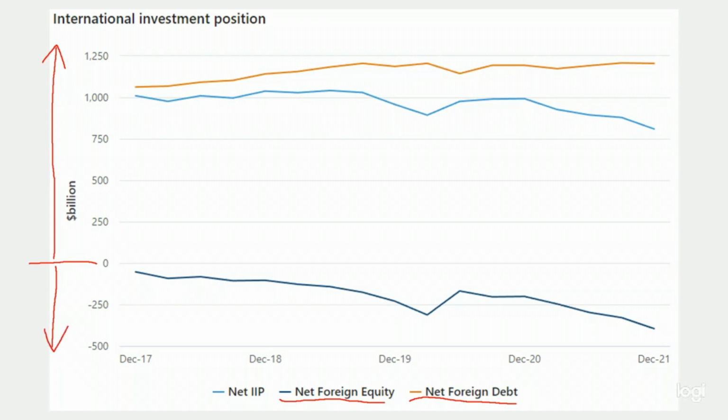And what that is showing is that Australians are investing more overseas than overseas companies or individuals investing in Australia. And so the line in the middle is signifying how much money we actually owe on total to other countries. Because remember, if net foreign equities is negative, meaning that we're investing more in other countries, in the future, that's going to be a positive thing because then we receive inflows through the current account, which ultimately means that we owe less financial obligations in the future.